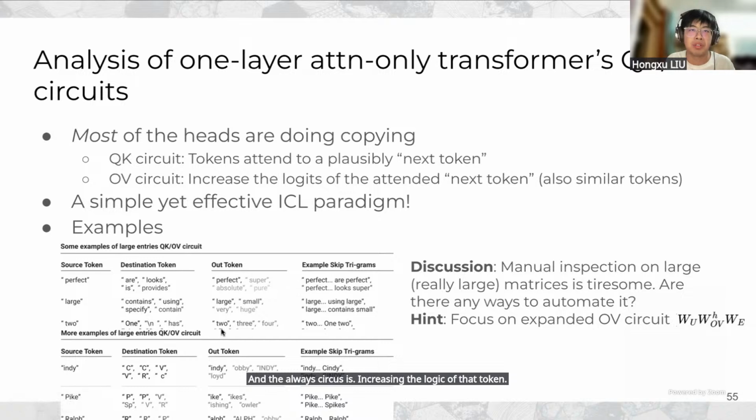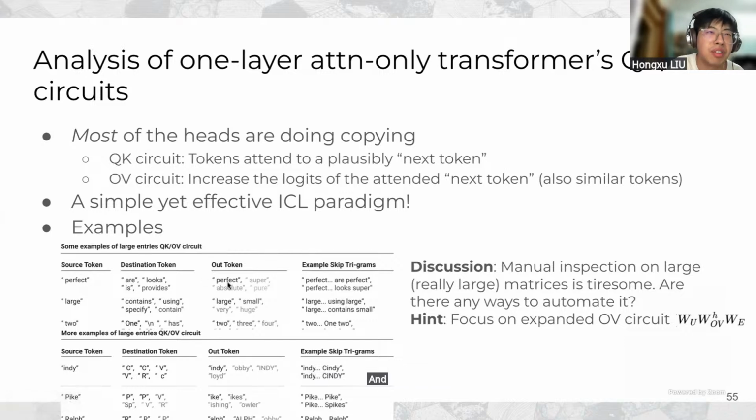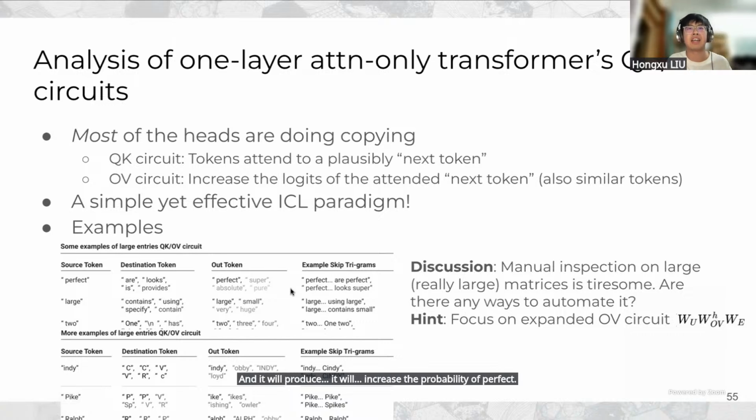For example, if the token now is R, maybe it will attend to perfect, and it will increase the probability of perfect. So that is like perfect, blah, blah, R perfect.